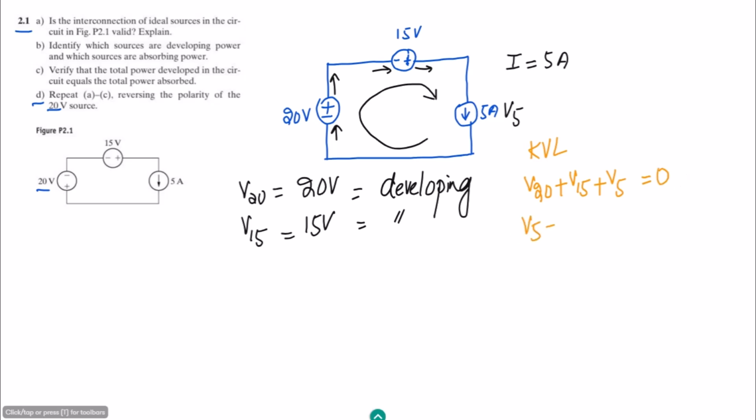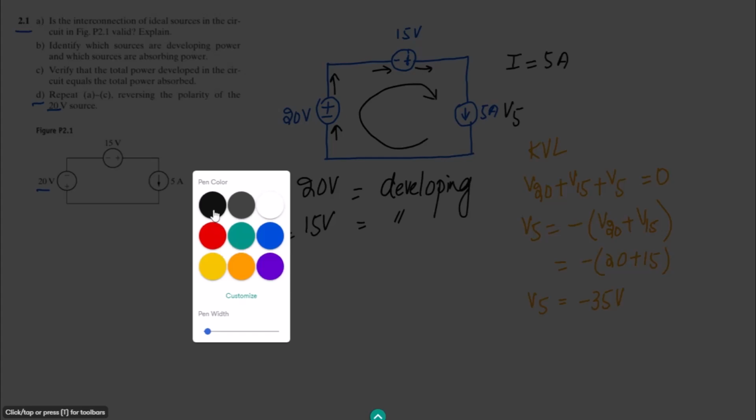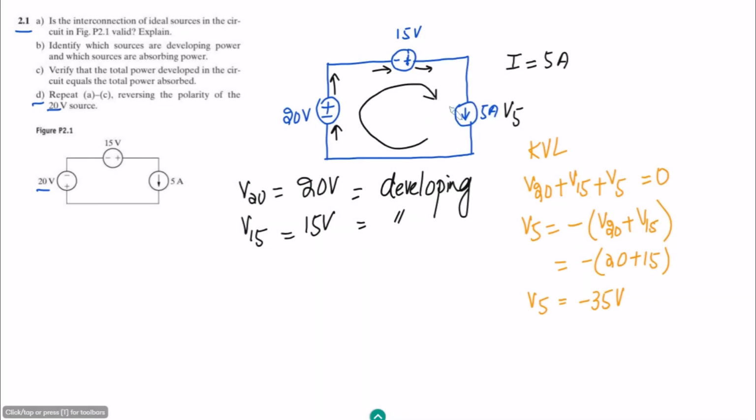So V5 is minus (V20 plus V15), or writing the values of them, it would be 20 plus 15. So this V5 is minus 35 volt. Okay, so minus 35 volts means the polarity of it is opposite of these polarities. So therefore writing them here, it will be positive here and negative here.